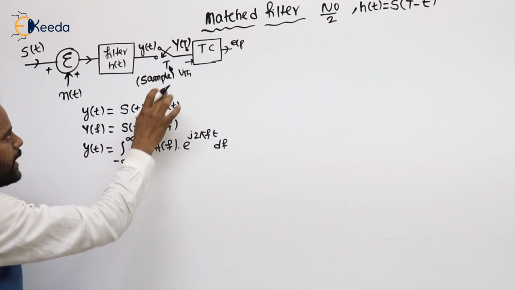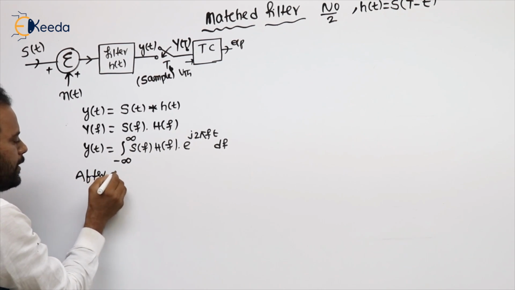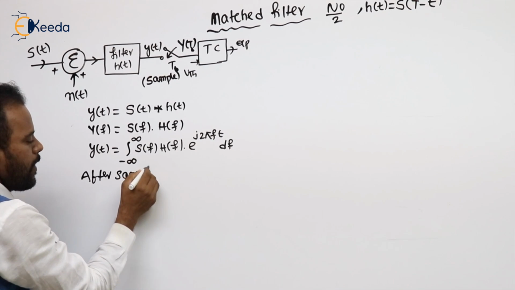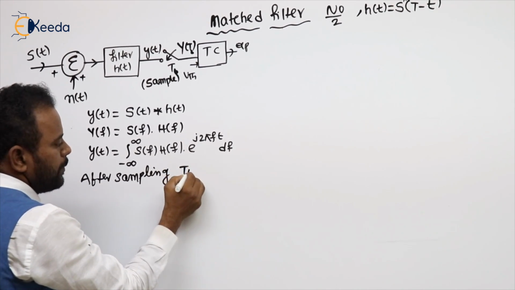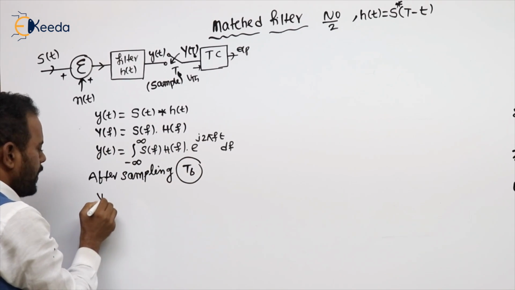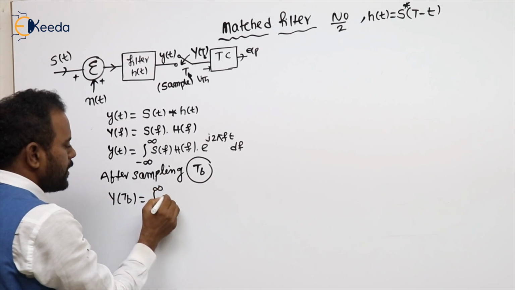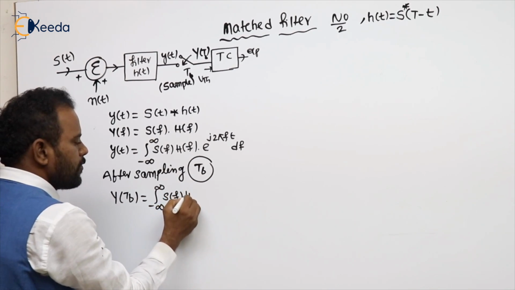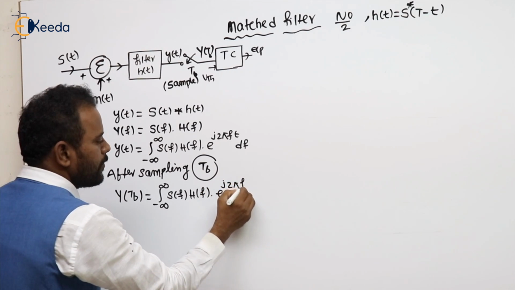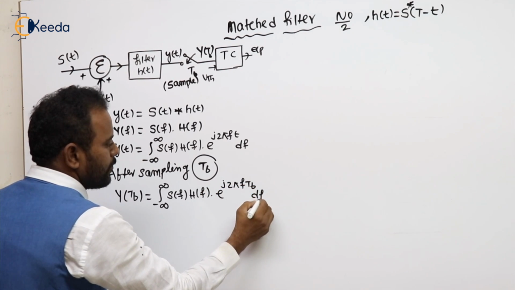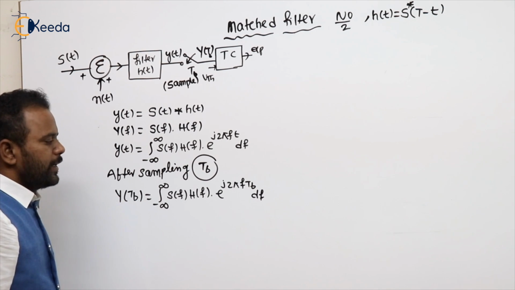Now this is sampling at TB interval. So after sampling at TB, then y of TB equal to, replace t with TB, integral minus infinity to plus infinity S of f into H of f into e power j 2 pi f TB df. This is the signal after sampling.